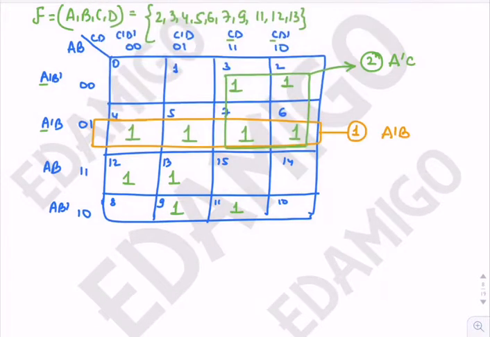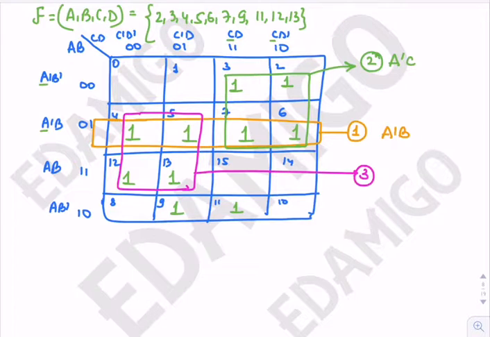Okay, this is the third one. Third one is b is constant here and c bar.